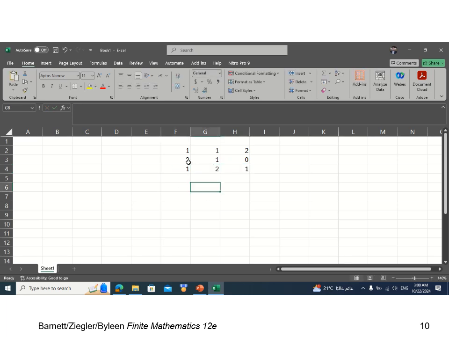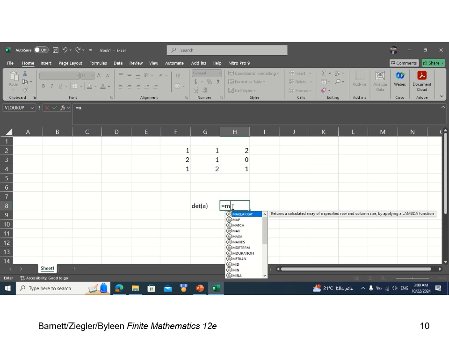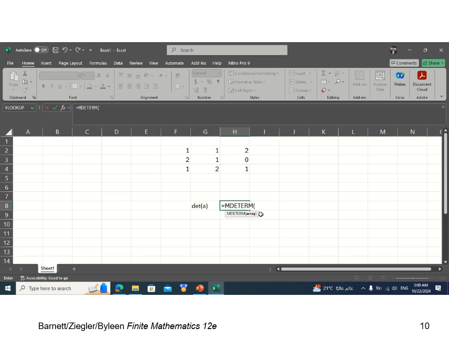As we said, first we want to calculate the determinant of A to make sure it's not a singular matrix. We will write equals M for matrix, DETERM for determinant. It will ask about the array or the matrix.